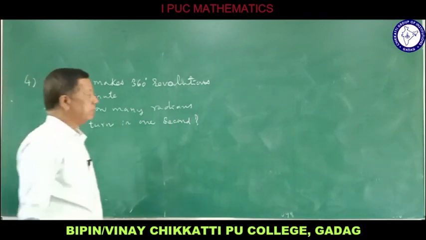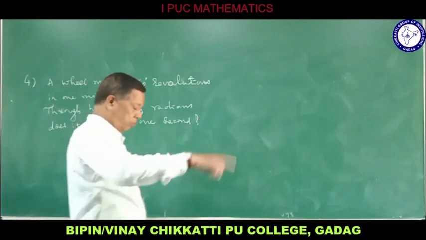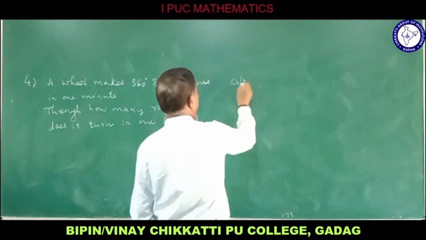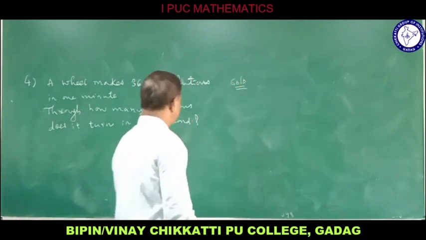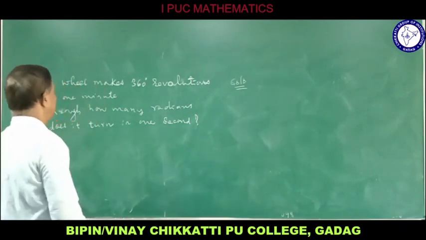First you understand what the problem is. A wheel makes 360 rounds. That wheel makes how many revolutions? 360 revolutions. In 1 minute it happens.